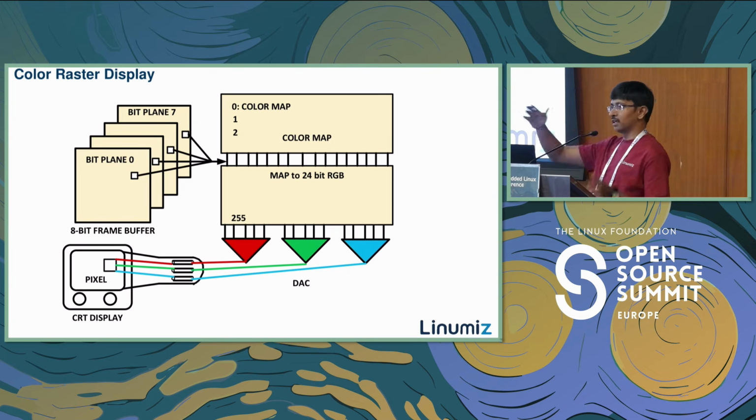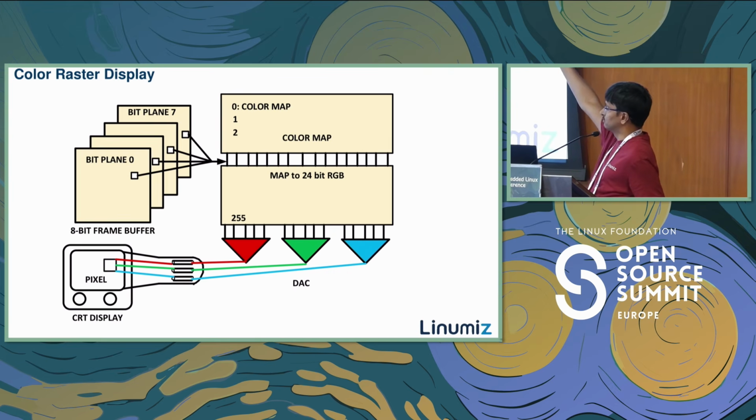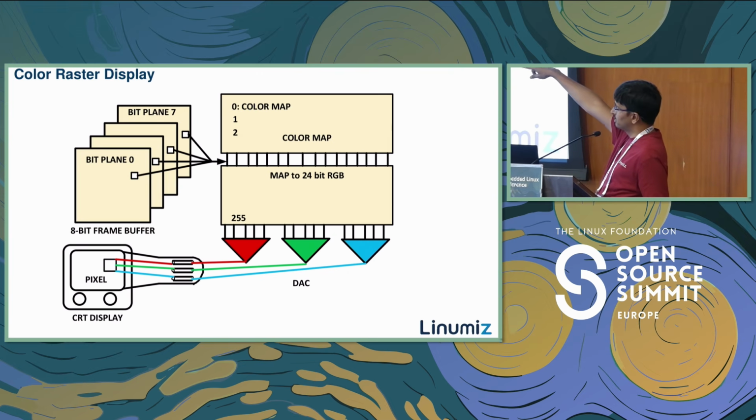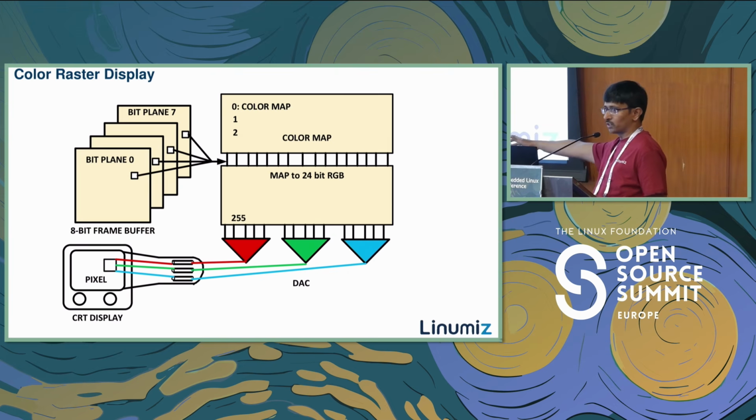Instead, in an XY coordinate, if you think of it, it's like stacked frame buffer planes, and each will have an 8-bit value, that is 0 to 255, to represent that particular pixel. This is the way it is organized, like stacked planes.